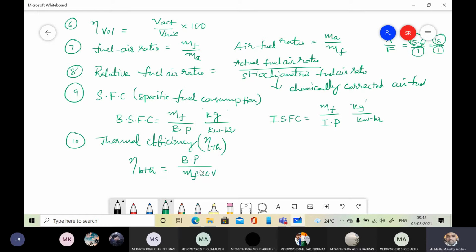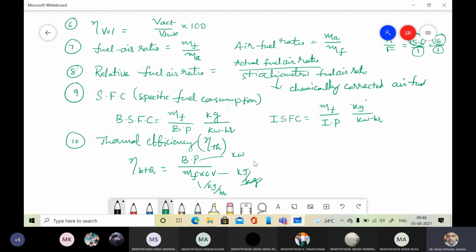If you see, the units will cancel, because mass of fuel is, let us assume, kg per hour, the calorific value is kilojoules per kg, and the brake power is in kilowatt. So you need to balance the units. Here we require kilojoules per second.